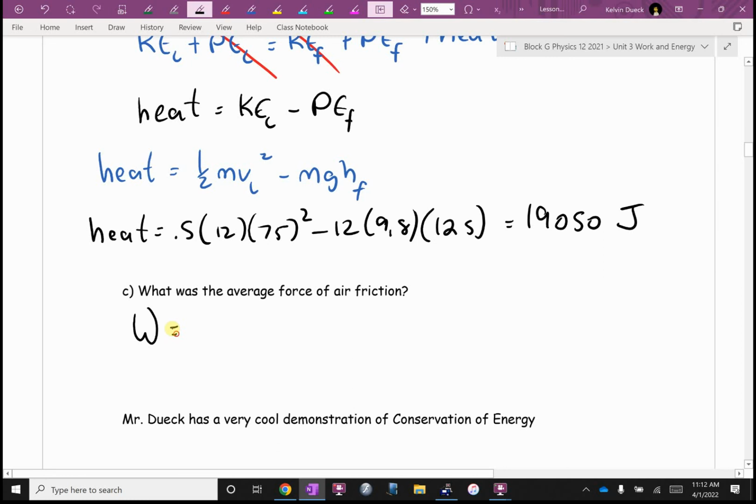Work equals force times distance. Braden, I'm going to argue then maybe the work done by air friction will be the force of air friction times distance. Do I know the distance? 125. Do I know how much work air friction did? How would I get the friction force by itself?